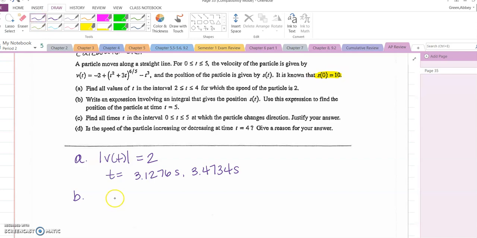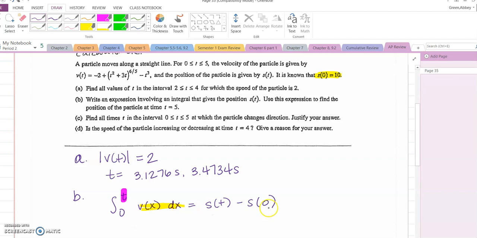So we can say that the integral from 0 to t of v of x dx is going to be equal to the change in position. So t just represents any random time. Remember that when you talk about the integral, these variables need to be different from this variable right here.